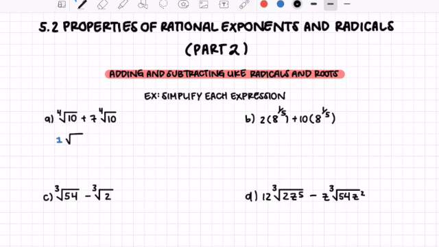And so we get here 1 root 10 plus 7 root 10, then right here is another 4 root 10. And again, we can just combine our coefficients here. So 7 plus 1, that just gives us 8. So I get 8 root 10 as my final answer. Done.